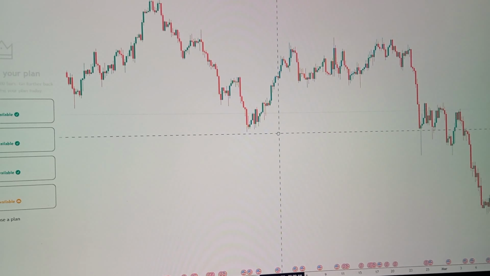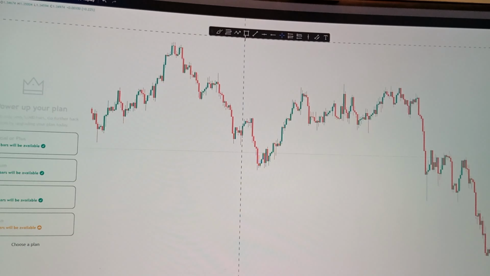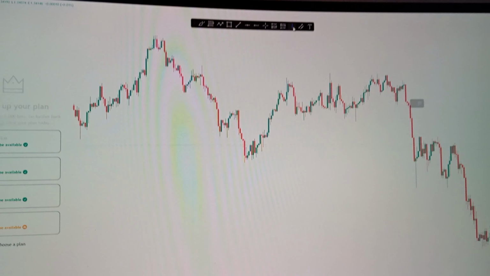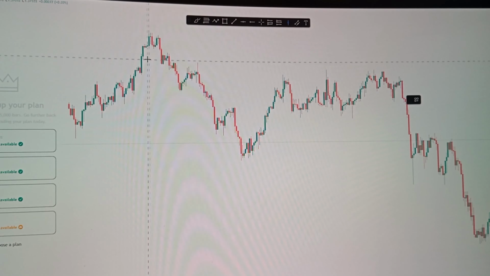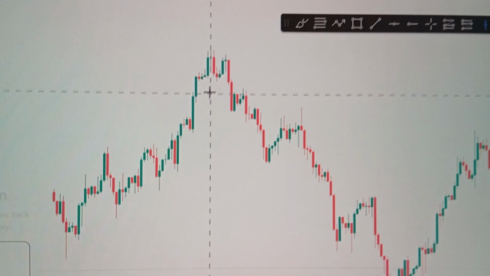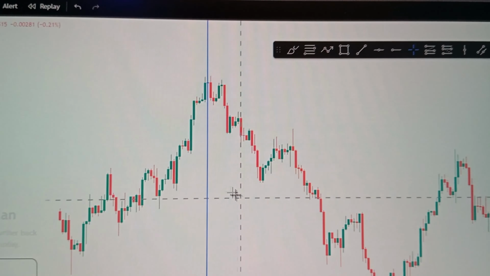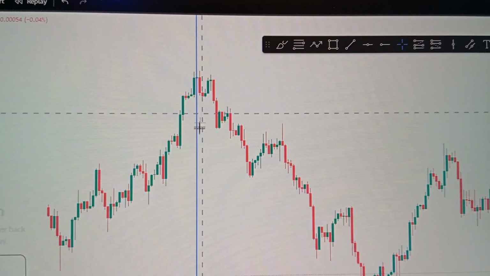You see this chart? Look at this chart from right here. From this spot, I just put a line right there.